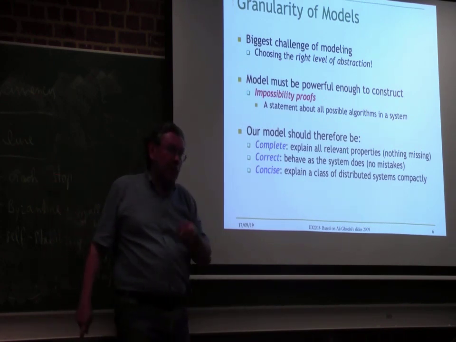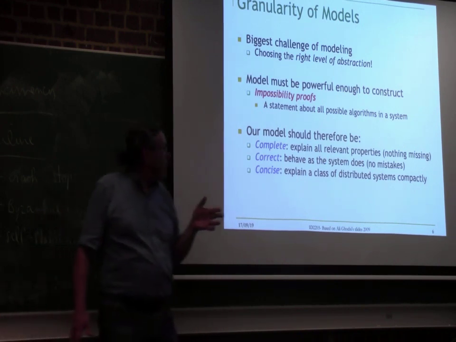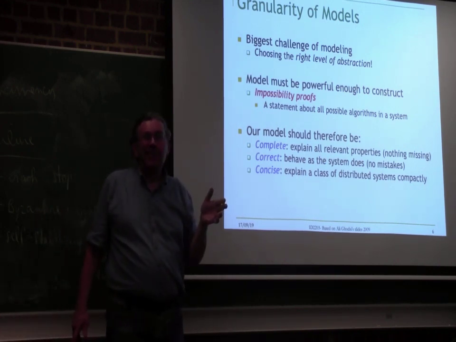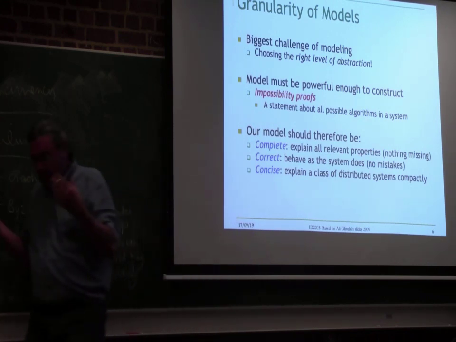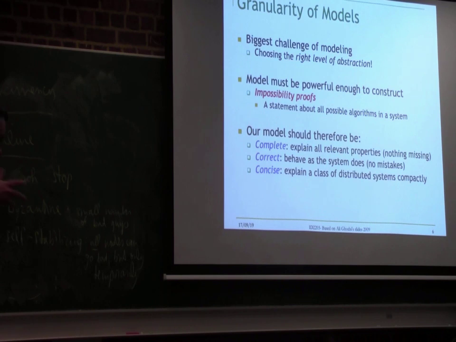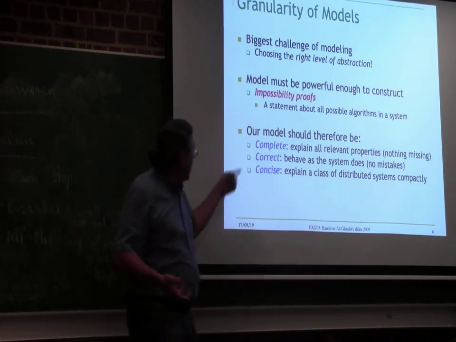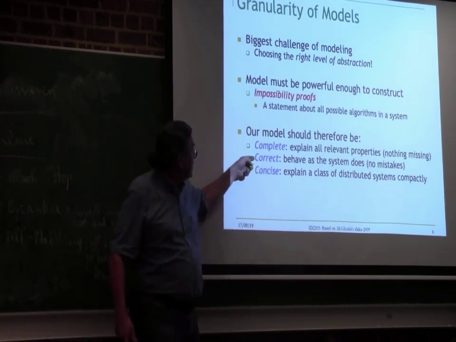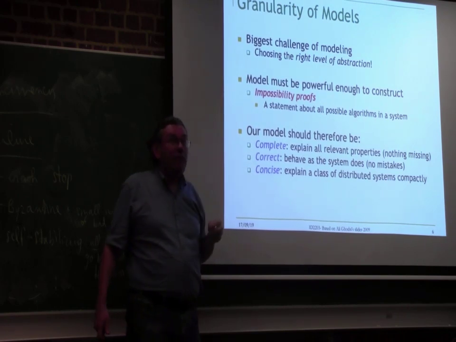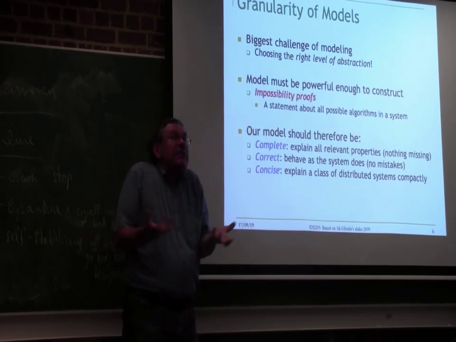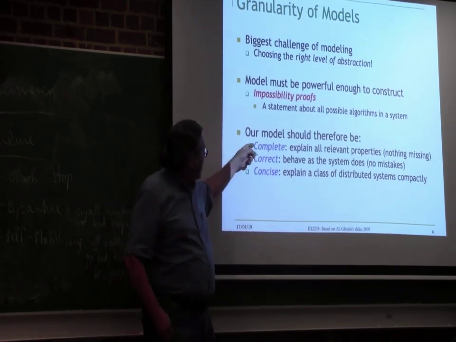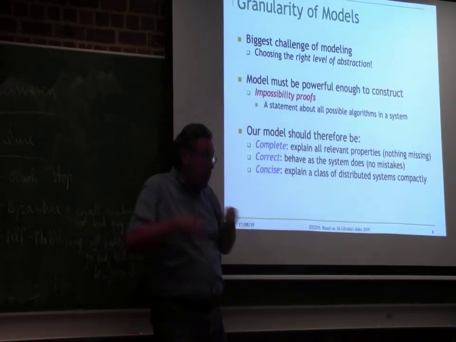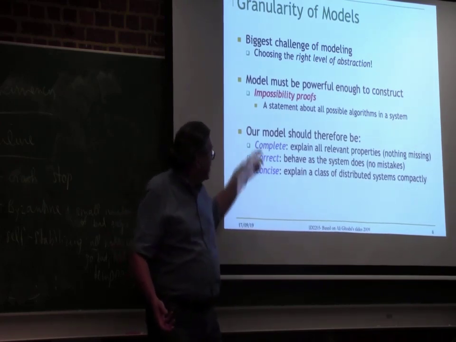Maybe some of you took courses on electronics where we have this thing called SPICE for modeling electric circuits. That's a big problem because sometimes SPICE gives you weird results that don't correspond to reality. So you have to be very careful. Correctness means that whatever the model does is a realistic thing. It can also happen in the real world. Completeness means that it doesn't miss anything. If it can happen in the real world, you can see it in the model.